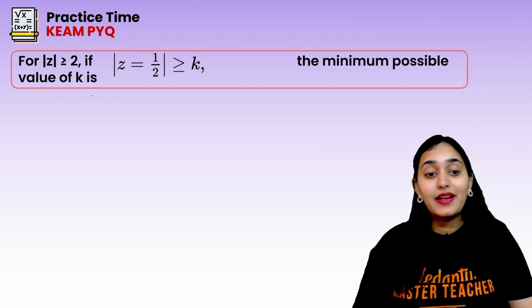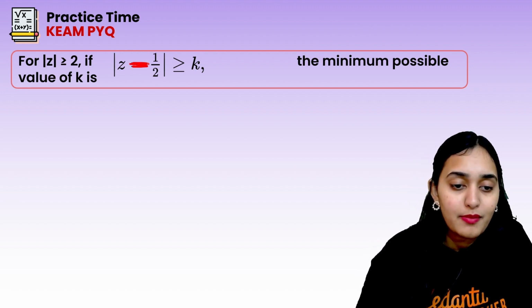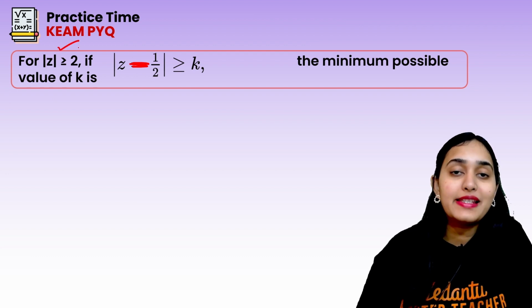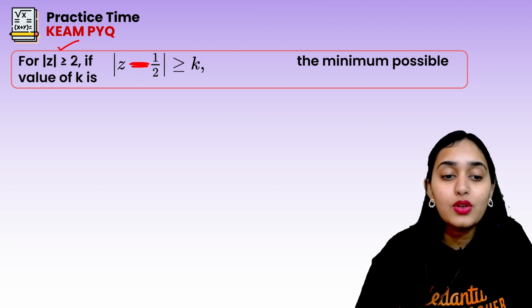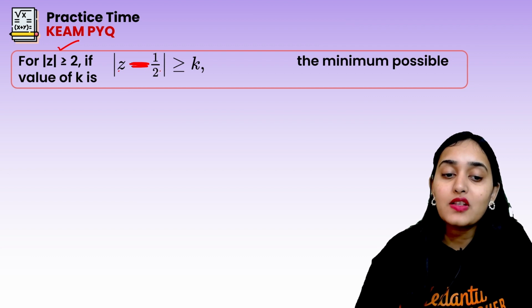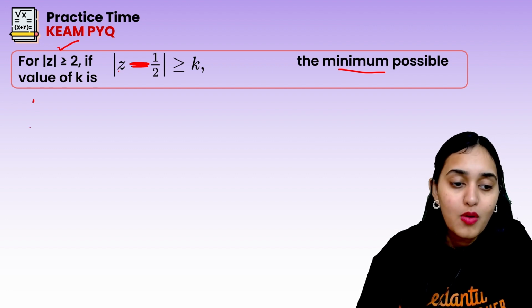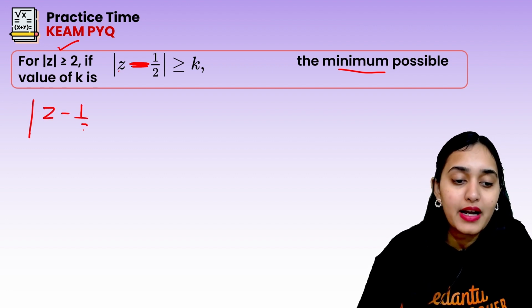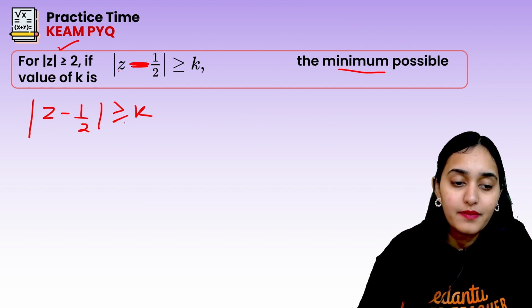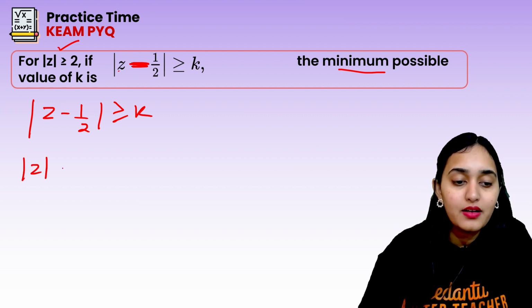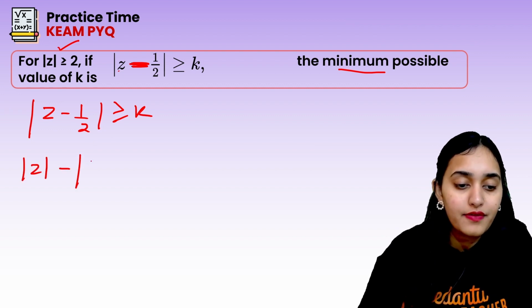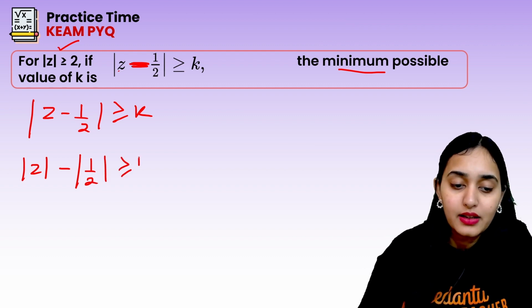Now this is a very interesting question. Here it should be a minus sign. Mod of z is greater than or equal to 2. Mod of z minus 1 by 2 is greater than or equal to k. Then what is the minimum possible value of k? See, mod of z minus 1 by 2 is greater than or equal to k. That means mod of z minus mod of 1 by 2 is greater than or equal to k.